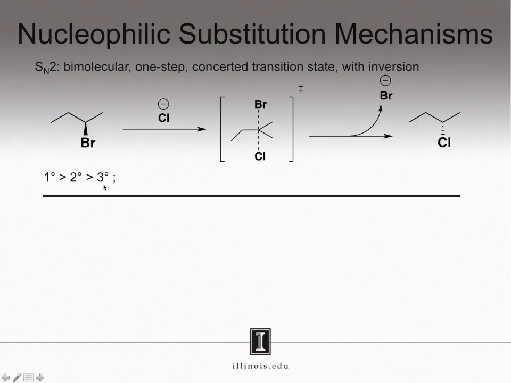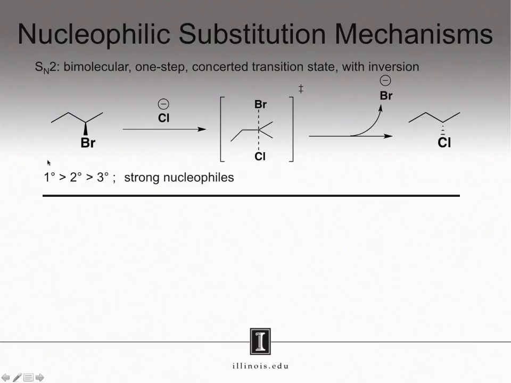This is easy to rationalize. If our nucleophile has to come from the backside of our leaving group, then the less stuff around the leaving group, the easier the reaction is. A tertiary leaving group has a lot of stuff around it, therefore it is very difficult for a nucleophile to attack it. In contrast, a primary leaving group is pretty open, and so is easy to attack.